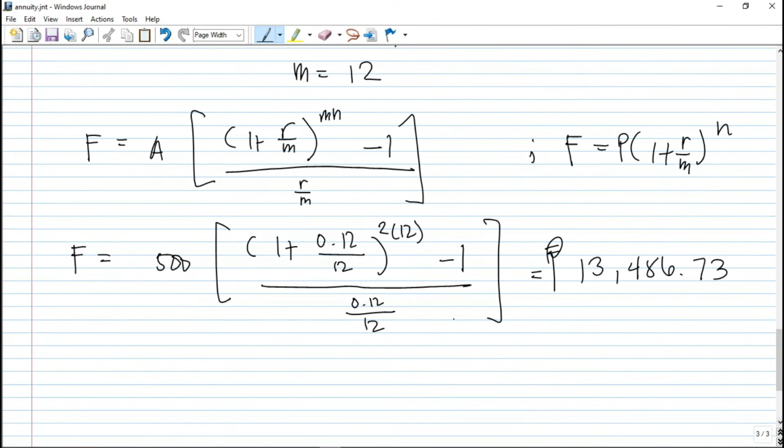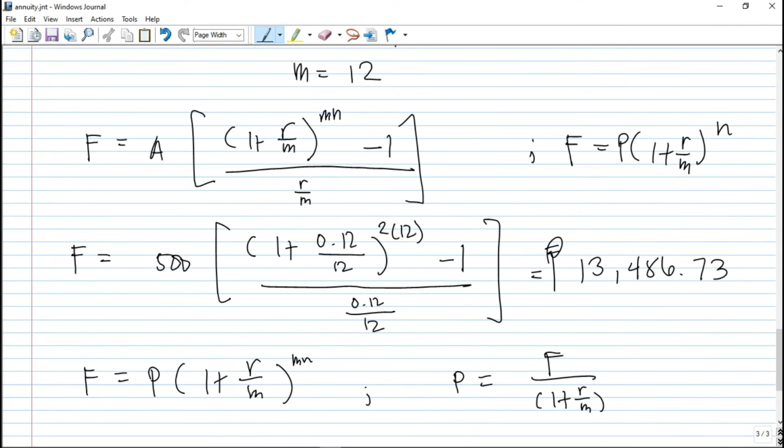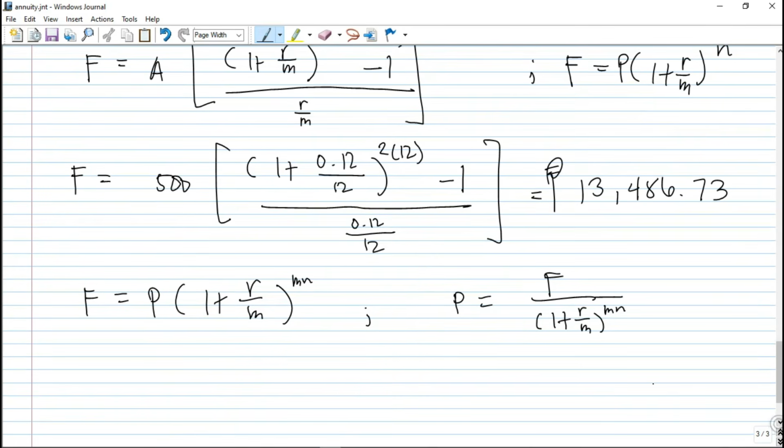Okay? Now, what if you're going to find the present cost? Of course, going back, F equals P times 1 plus R over M raised to Mn. Therefore, you have here P equals F over 1 plus R over M raised to Mn. Then you put here P equals, F natin is 13,486.73 pesos all over 1 plus 0.12 over M natin is 12, raised to 12 times 2.